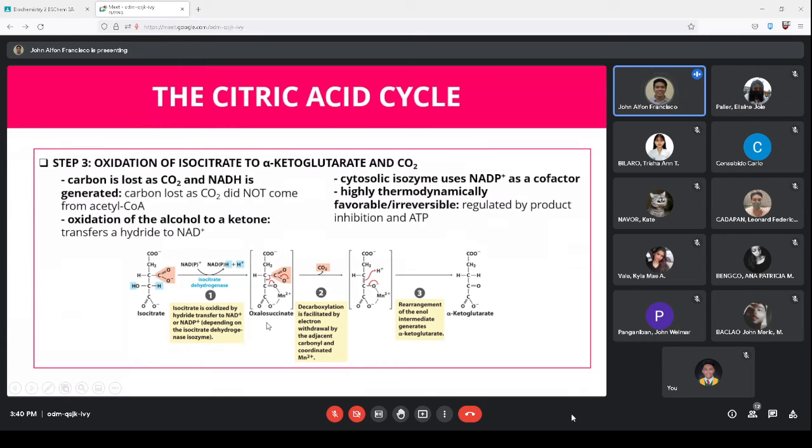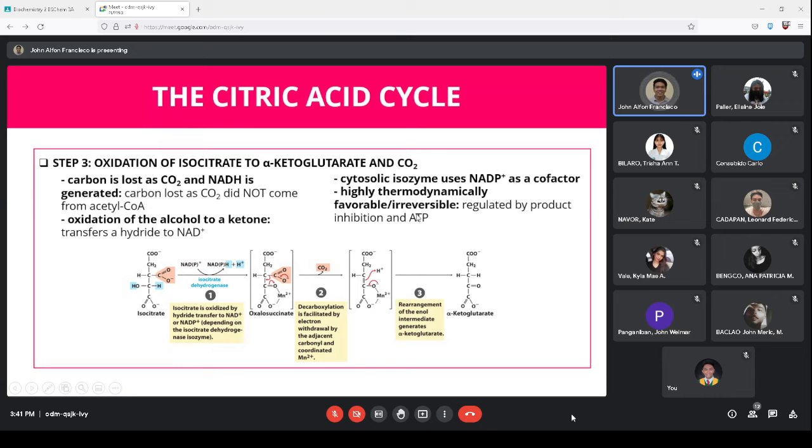To form an intermediate oxalosuccinate, this will be decarboxylated using manganese 2+ as a helpful stabilizer of the electron within the compound. And afterwards, magkakaroon ng rearrangement of enol to form your alpha-ketoglutarate. So this happens in the cytosolic isoenzyme, gumagamit ng NADP+ as cofactor.